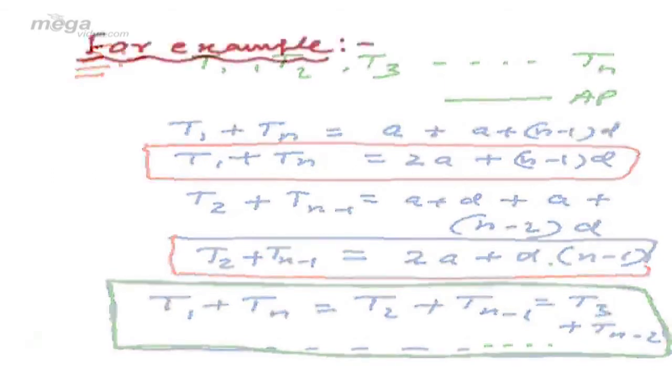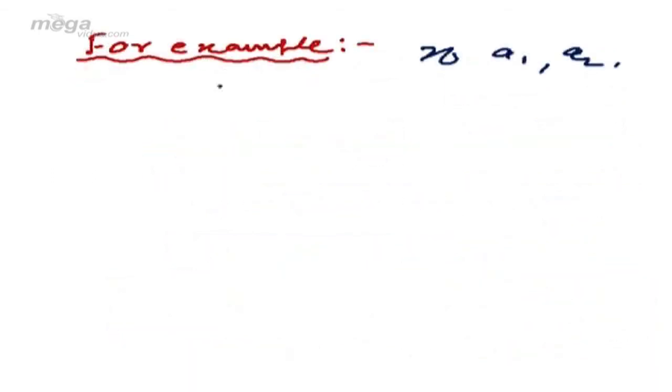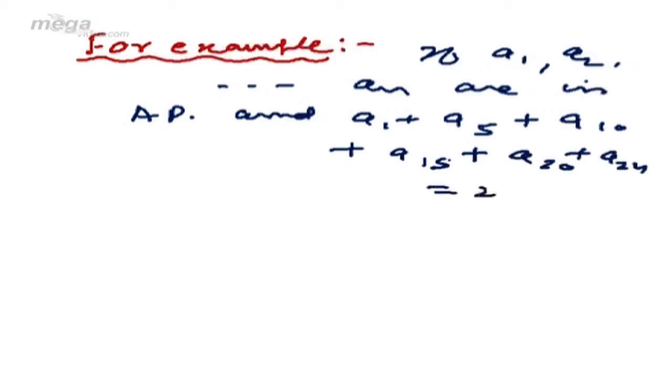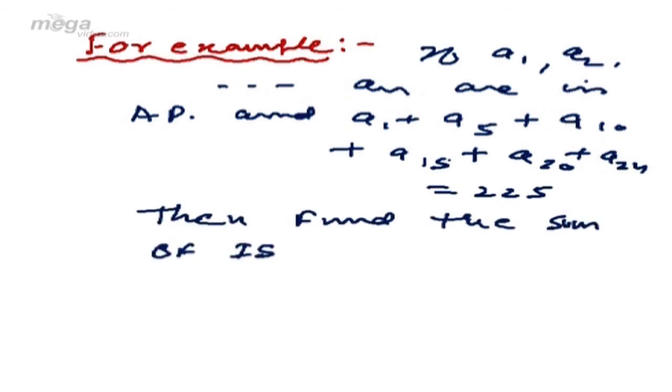For example, if A1, A2 up to An are in AP and A1 plus A5 plus A10 plus A15 plus A20 plus A24 is equal to 225, then find the sum of the first 24 terms.